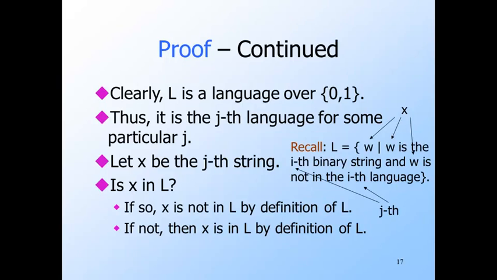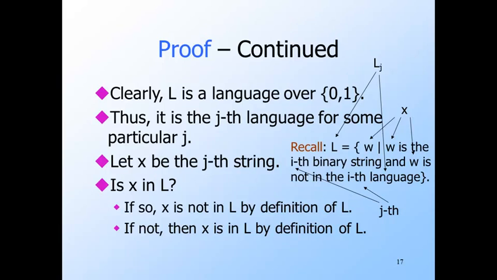In that case, the value of i is j because we know x is the jth string. Further, we know that L is the jth language, so both L, the language being defined, and the, quote, ith language mentioned in the definition of L are all the same, and they are L sub j.